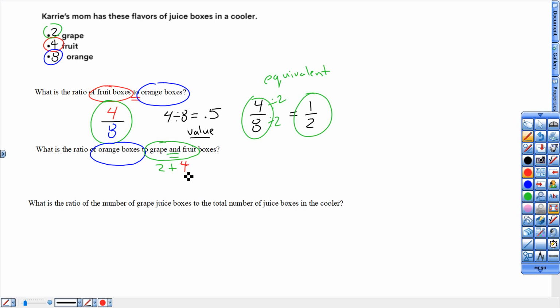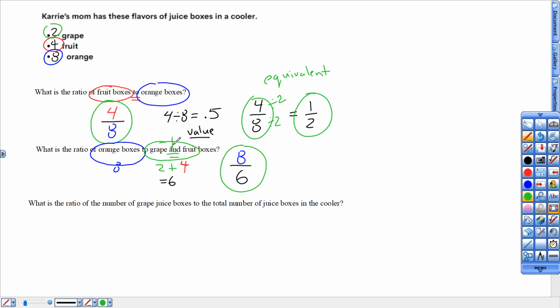I have always 8 orange. So this ratio is 8 compared to the total of 4 plus 2, which is 6. So 8 to 6. That is the ratio of orange boxes to the total of grape and fruit.